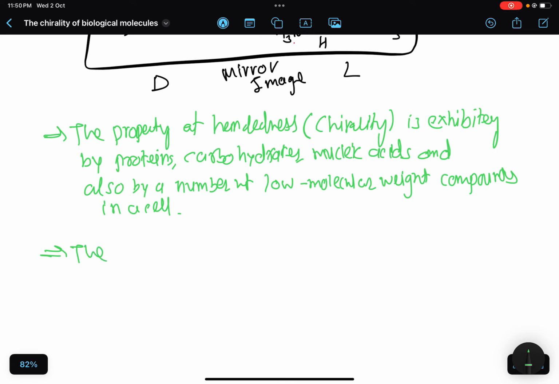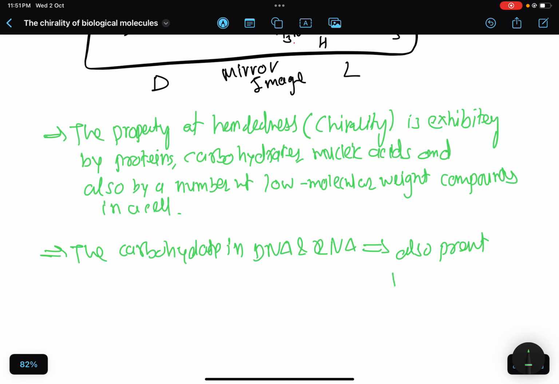By the way, the carbohydrates in DNA and RNA are always present in the D configuration.